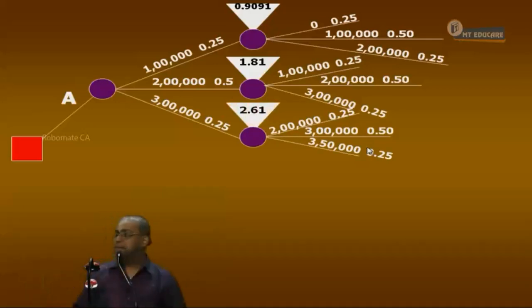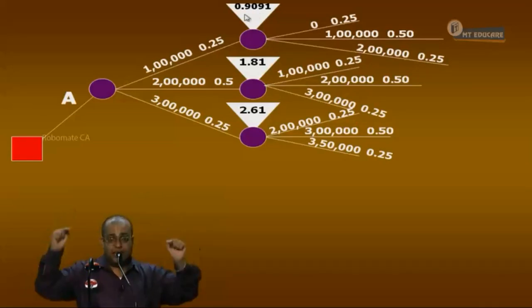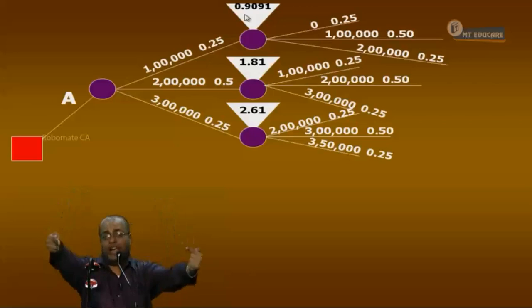Please, very simple. 90,910 is the expected year 2 cash flow in year 1 terms. The cash flow occurs in year 2 and is discounted by 1 year. So now listen to my words carefully. 90,910 is the expected year 2 cash flow as at the end of first year when the year 1 cash flow is 1 lakh.